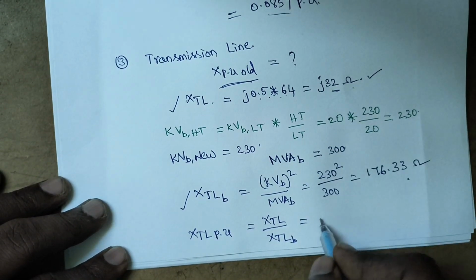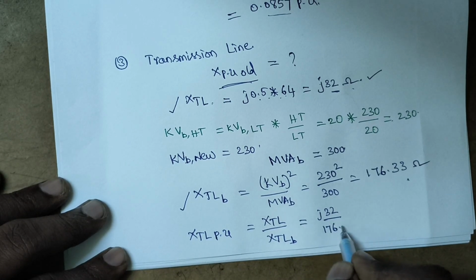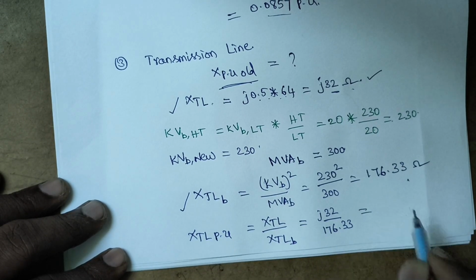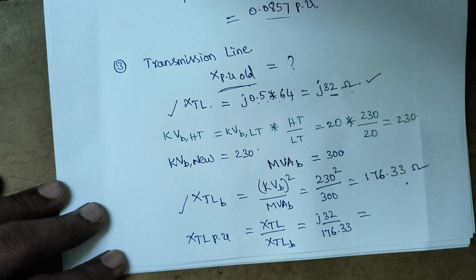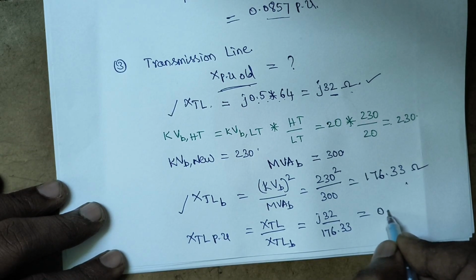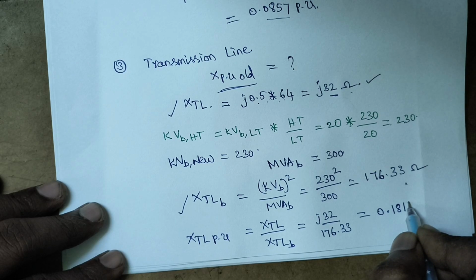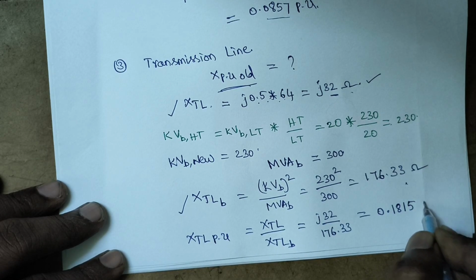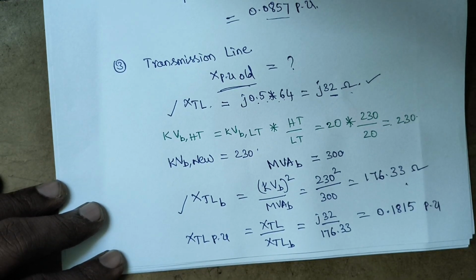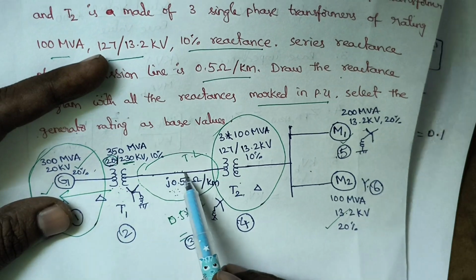Here the actual value is j32 and the base value is 176.33. So this becomes 32 by 176.33, which is around 0.18147. Let me take 0.1815. This is the per unit value of the transmission line. So I found the third one also. Transmission line is over.